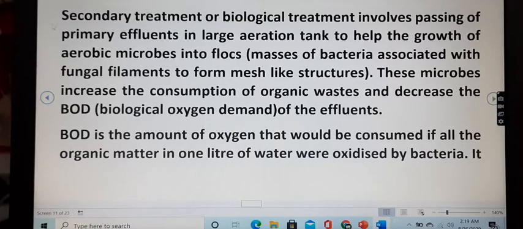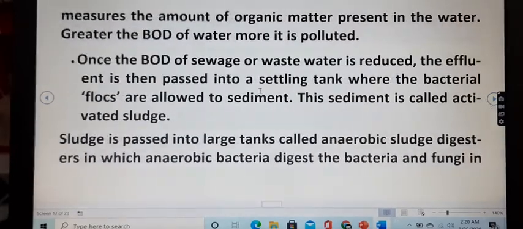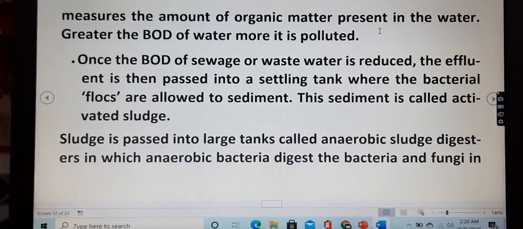Then BOD is the amount of oxygen that would be consumed if all the organic matter in 1 liter of water were oxidized by bacteria. So because of the presence of these, the BOD is reduced from the effluents, and then it measures the amount of organic matter present in the water.